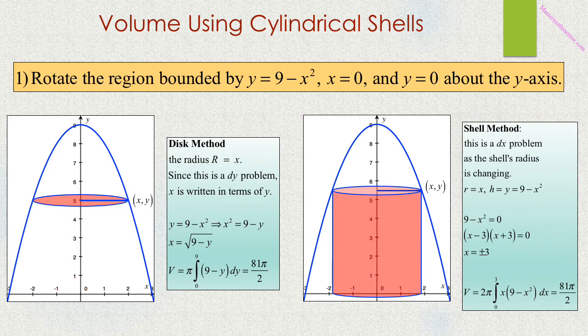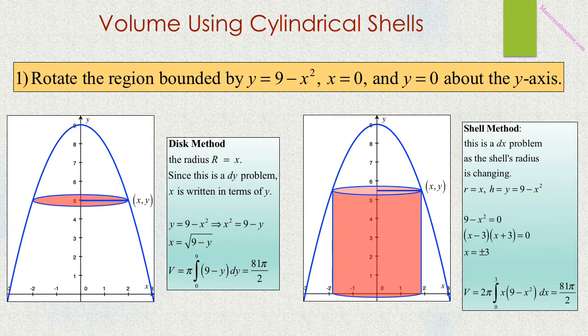We need to get the limits of integration, so we set 9 minus x squared equal to 0, and that gives us (3 minus x) times (3 plus x) equals 0, and x is equal to plus or minus 3. So our volume can be written via the shell method as 2 pi the integral from 0 to 3 of x times (9 minus x squared) dx.